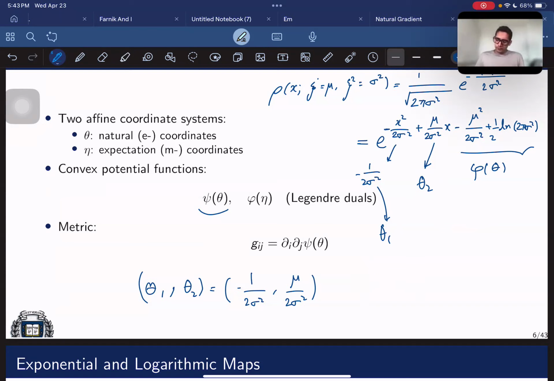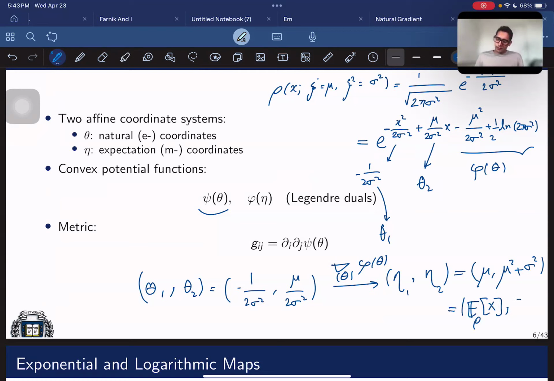For example, if I take the gradient with respect to theta vector of psi of theta, it would give me eta 1 and eta 2, which are nothing but the expected value of x and the expected value of x squared.